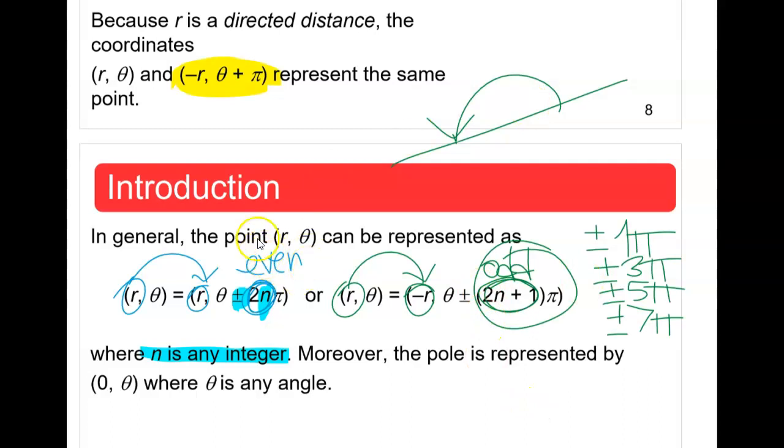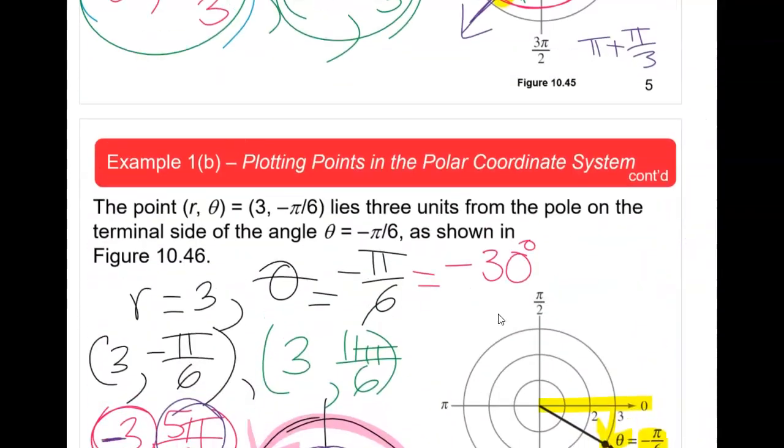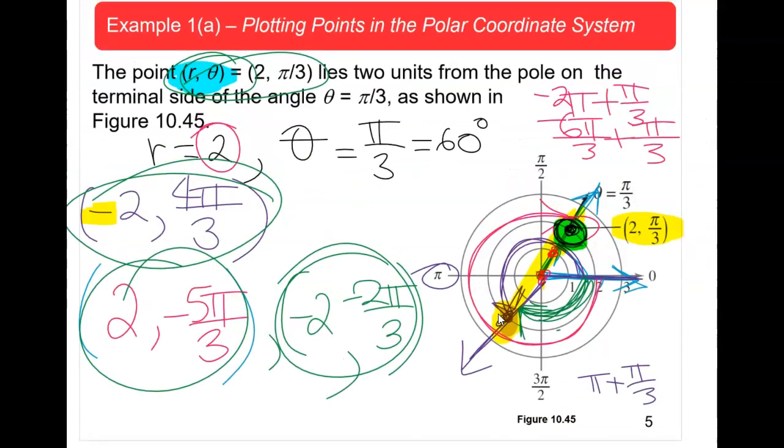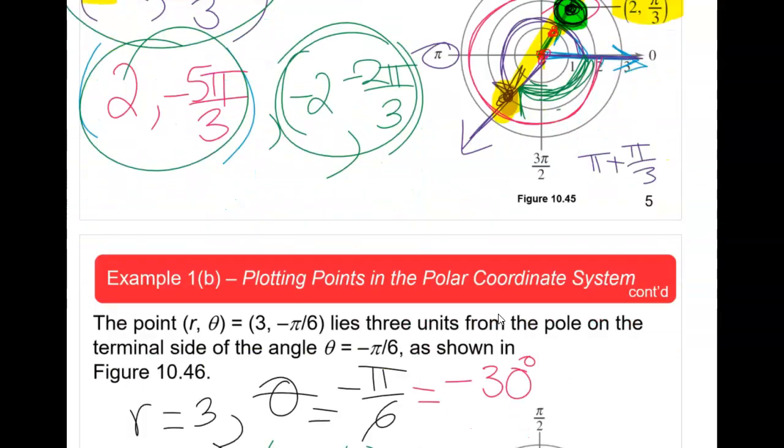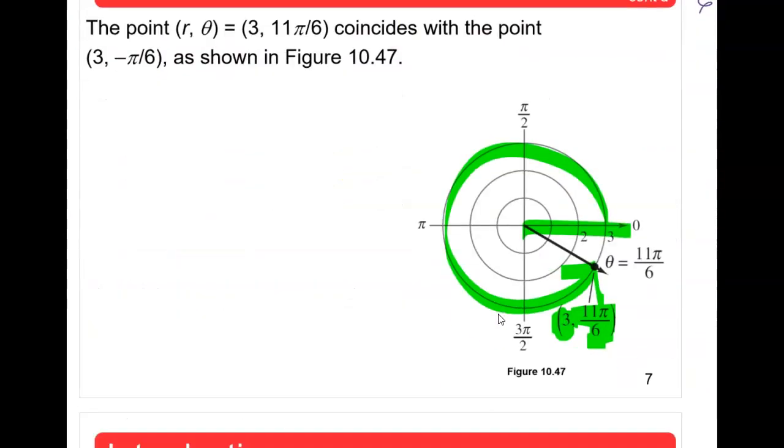If we were to add even multiples, then we will be adding full circles, and so that may not be what we need when we make the radius go from positive to negative. If you don't understand what I'm saying, you might want to look at the examples that we did up here again, and then try to relate that with the slide that has it written down with words.